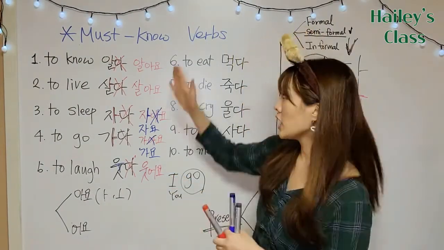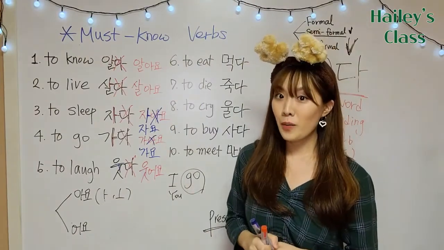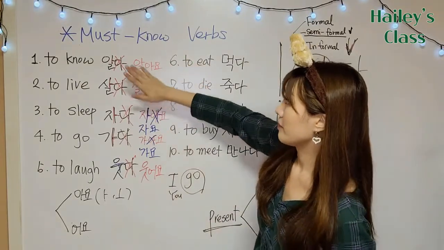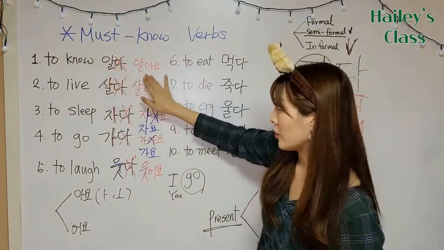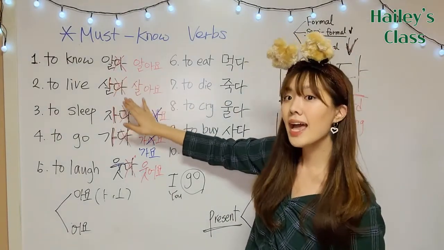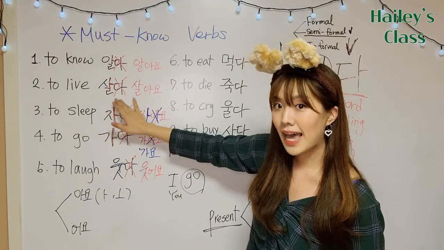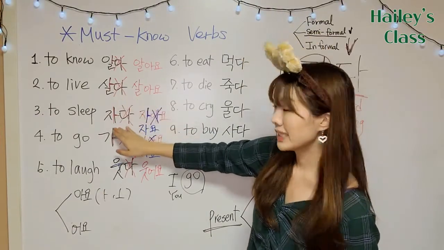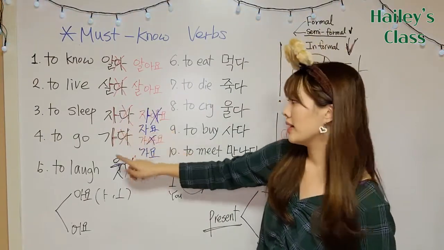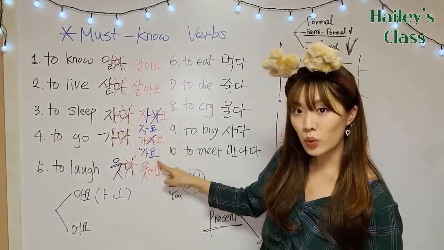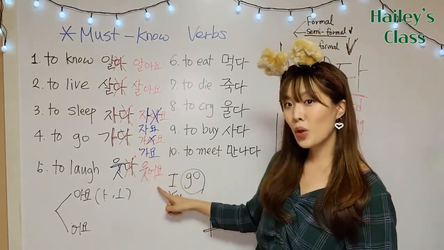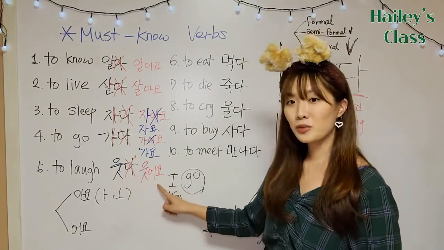Okay? So we changed the first five. Good job, everyone. And let's read here. 알다, 알아요. 살다, 살아요. 자다, 자요. 가다, 가요. 웃다, 웃어요.